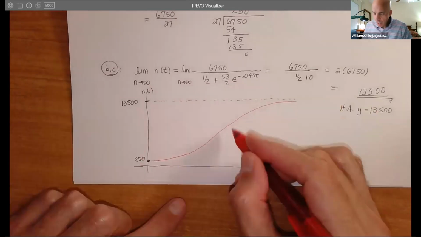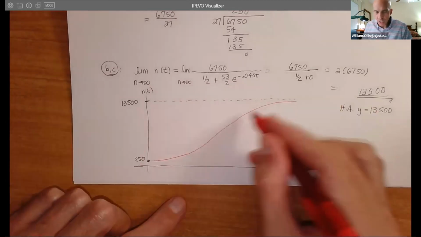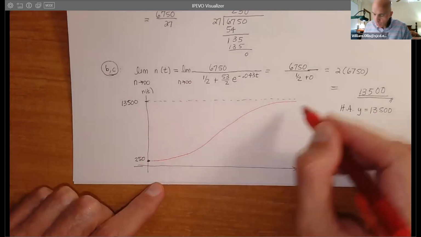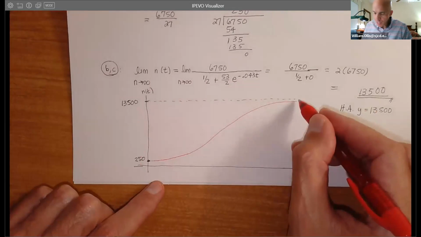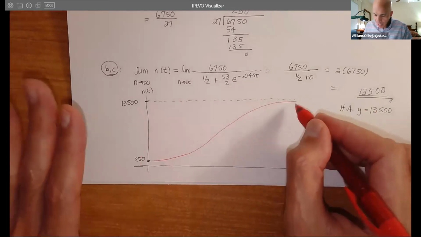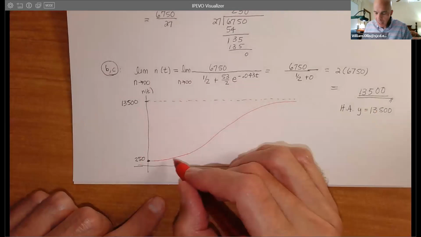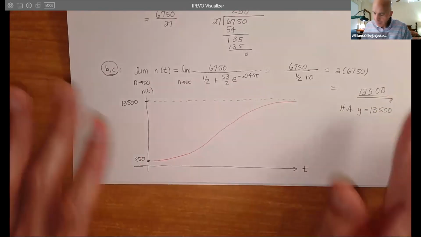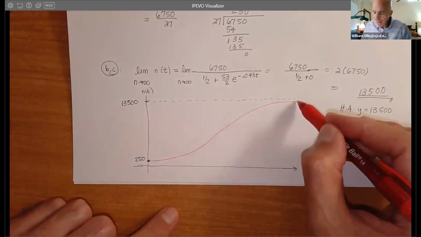We know that the concavity here will have to change because this is going to be a nice smooth curve, and then we have to approach this horizontal line. So what's going to happen to the population is that it will increase from 250, given that all the conditions are stabilized, and never pass beyond this.